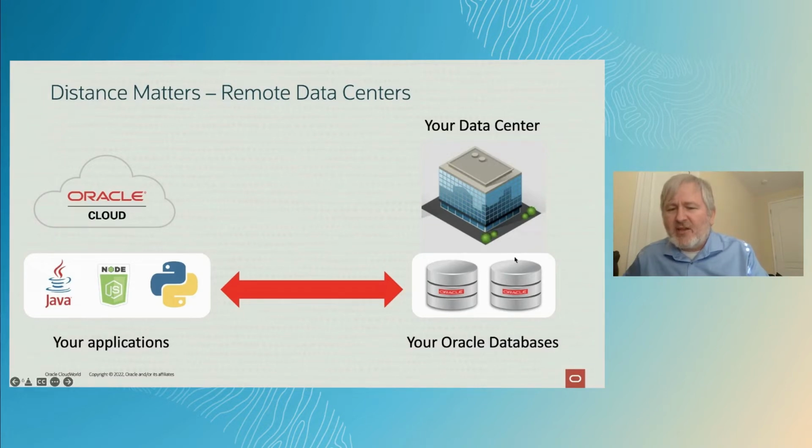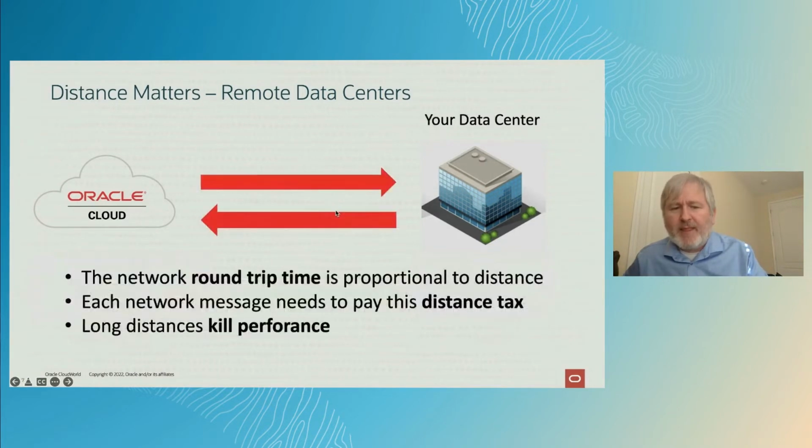So in this case, some of your Oracle databases are in your local data center and some of your applications are in the cloud. So what we're really talking about here is scenarios where you have remote data centers. Let's drill down on that a bit more.